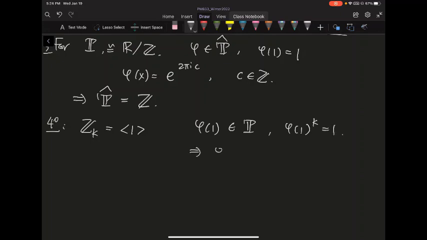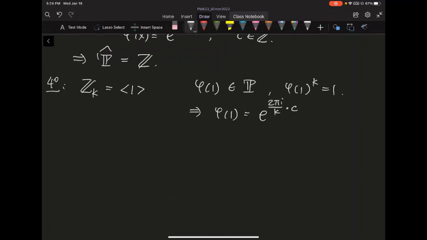That just means phi of 1 has to be e to the 2 pi i over k, to some power, let's say c. For every c between 0 and k minus 1, you basically have a different character. And that's essentially just Zk again. So you can convince yourself that the dual group of a finite cyclic group is Zk as well.